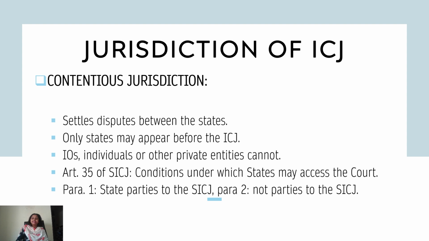Paragraph 1 says about the state parties to the statute of ICJ, while paragraph 2 talks about the states which are not the parties to the statute of the ICJ, and how these two categories of states can access the court is mentioned in Article 35.